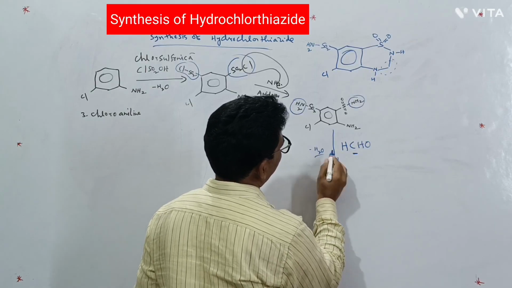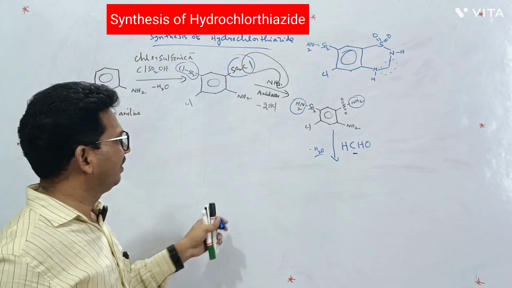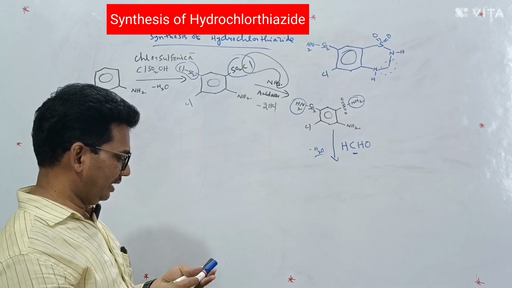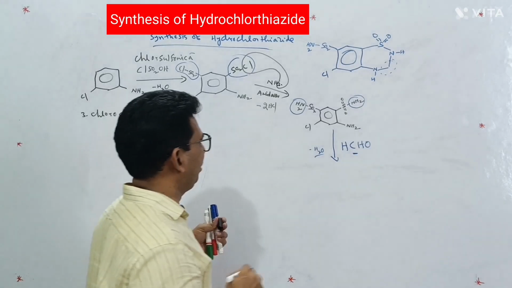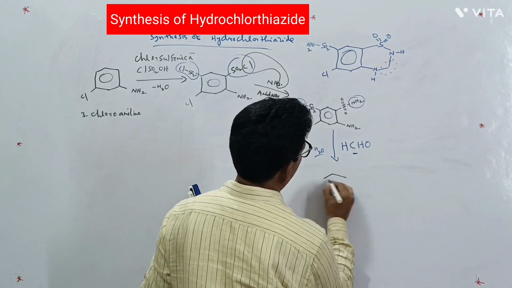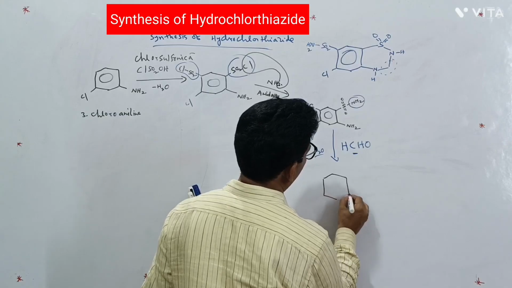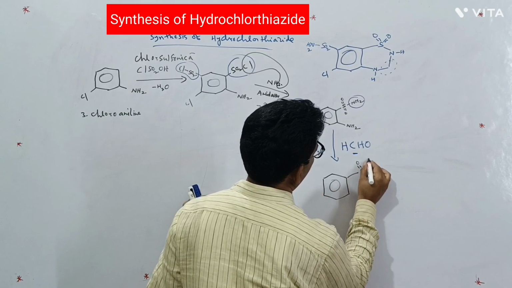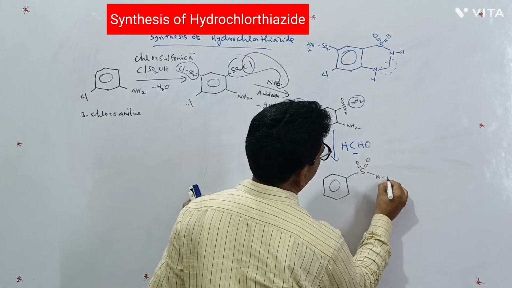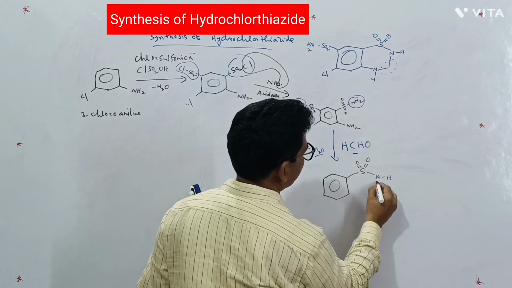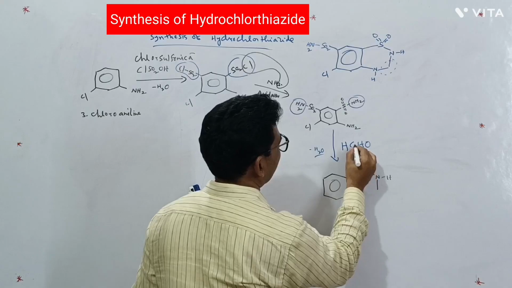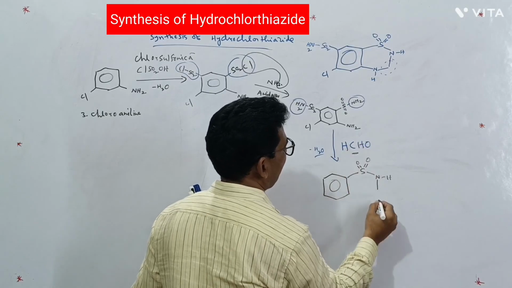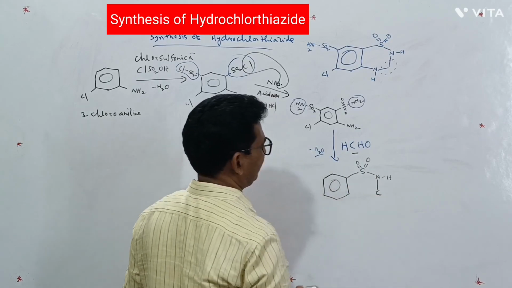It relieves the water. Okay, now what happened? It undergoes the cyclization with the help of formaldehyde to give the hydrochlorothiazide. Here you can see SO2, then here NH, this NH, here extra thing what will come? This carbon. Okay, this carbon will come here, this carbon.